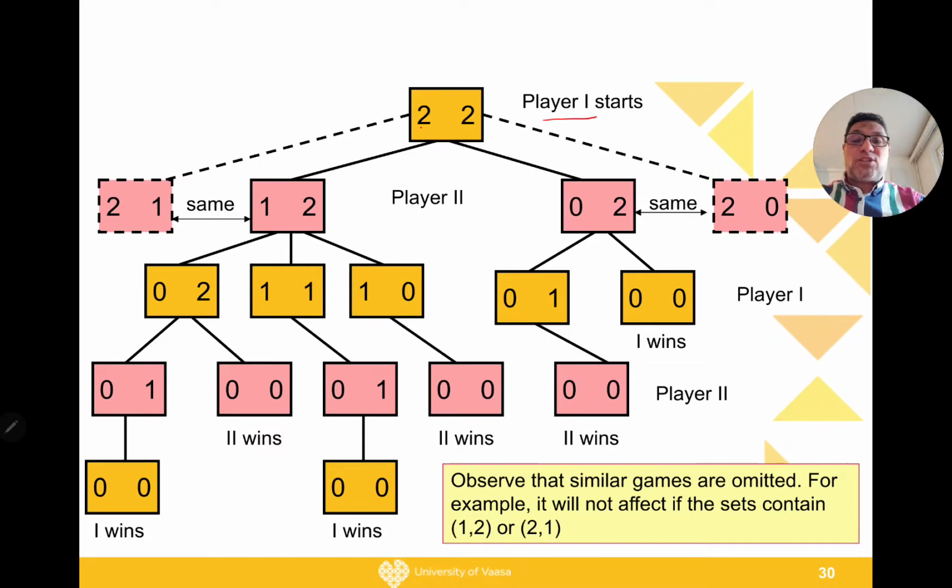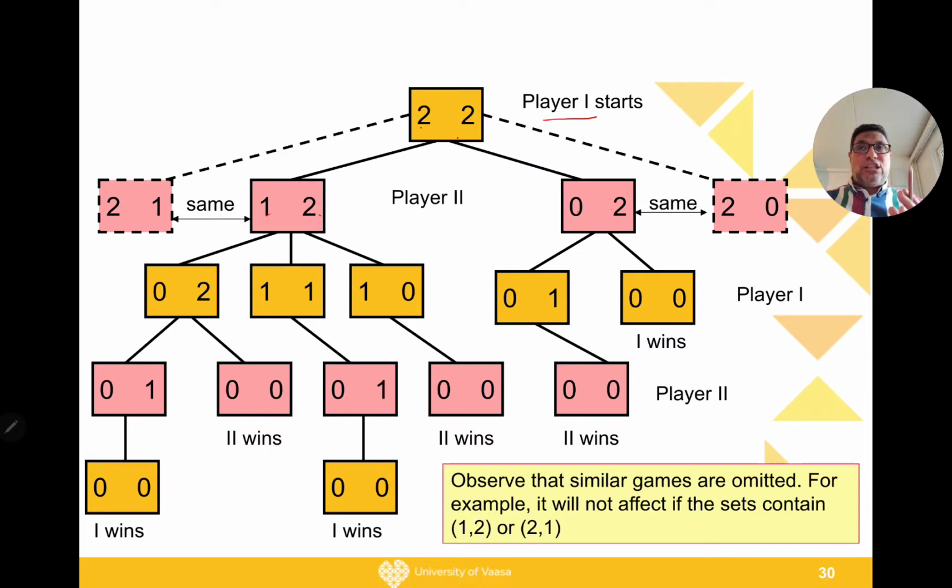Player 1 starts. How many strategies does player 1 have? Player 1 has only two strategies. They can take only one card from one location, so it is (1, 2), and can also draw two cards from one location, so it is (0, 2). Of course, here the location doesn't have any meaning.